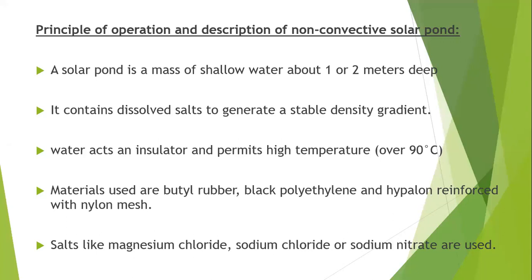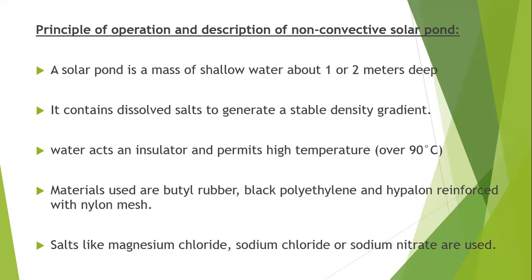We can avoid the convection losses here. Only conduction losses are there, but these are negligible. Because of this low conductivity, the water acts as an insulator and has high temperatures. These high temperatures can be over 90 degrees Celsius, and are developed in the bottom layers.